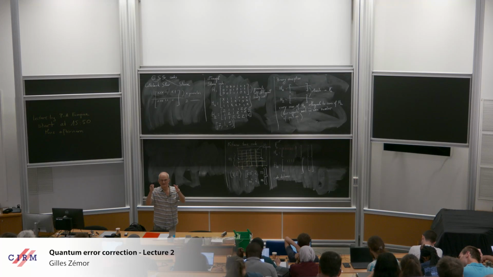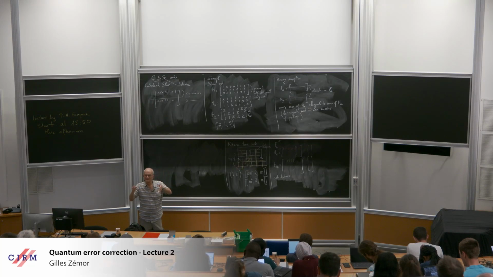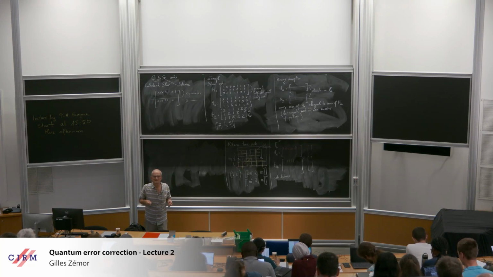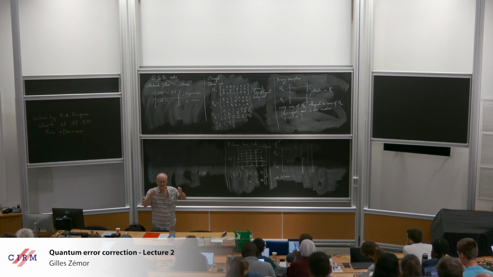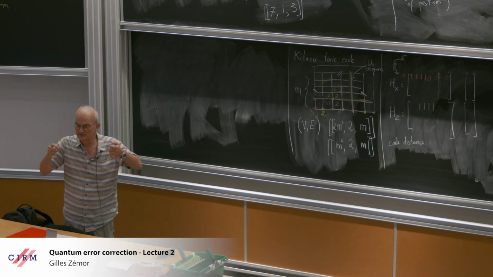So remember, the strategy for decoding is doing a syndrome measurement and then using a classical computation to figure out what is the error vector from its syndrome value, and then we immediately apply the error pattern that we've found to the quantum state to hopefully get it back into the initial state.